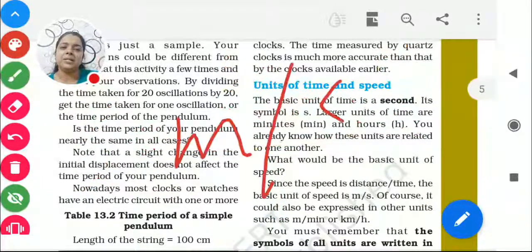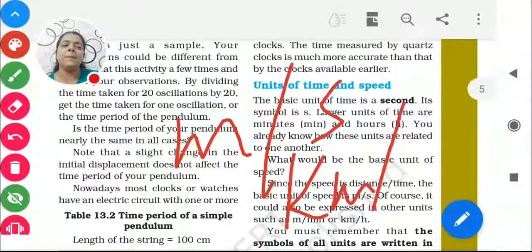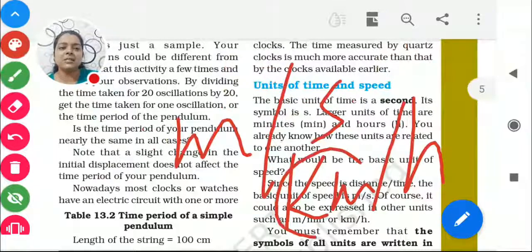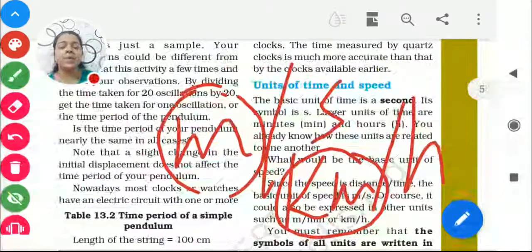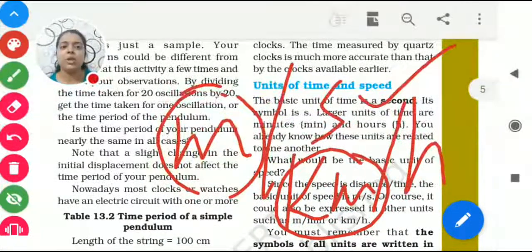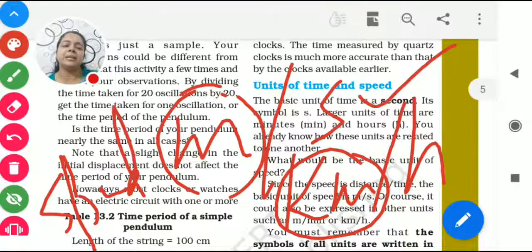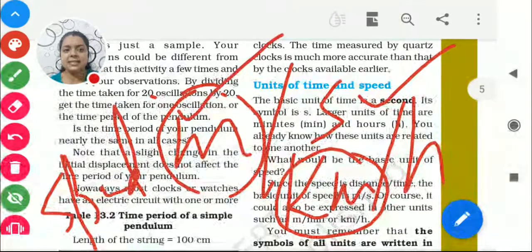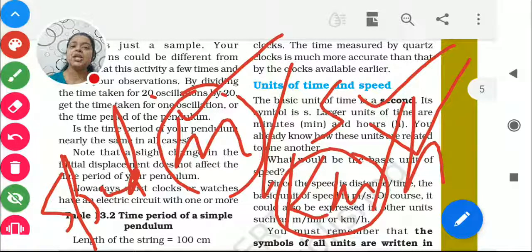The first is the unit of distance, the second is the unit of time, and this is called the unit of speed. Unit of speed is equal to unit of distance by unit of time.